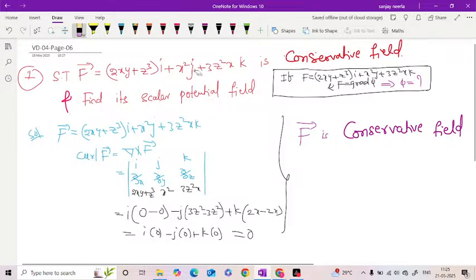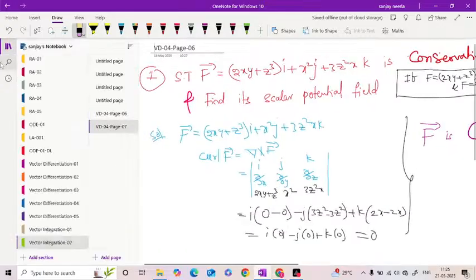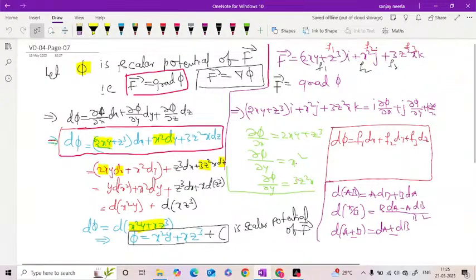Scalar potential, in the previous class already we did. Now let us assume phi is the scalar potential of F, and F is equal to the gradient of phi, or F is equal to del phi. According to the previous one, d phi is equal to dou phi by dou x into dx plus dou phi by dou y into dy plus dou phi by dou z into dz.